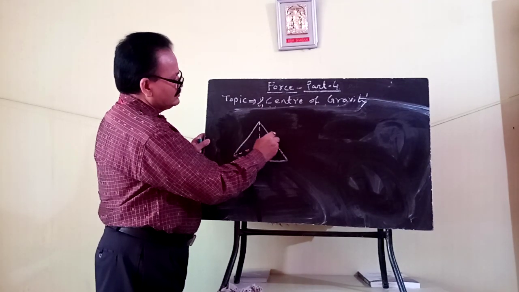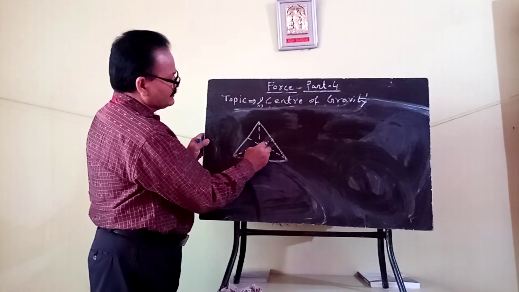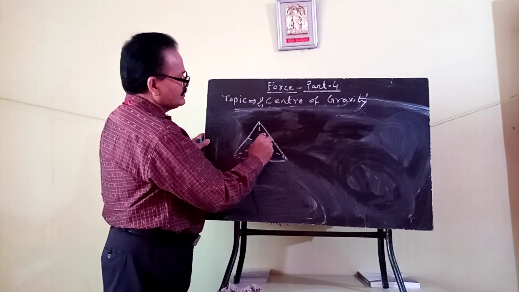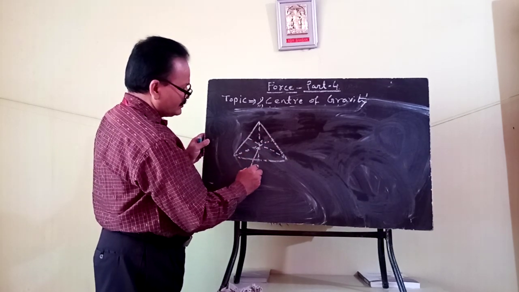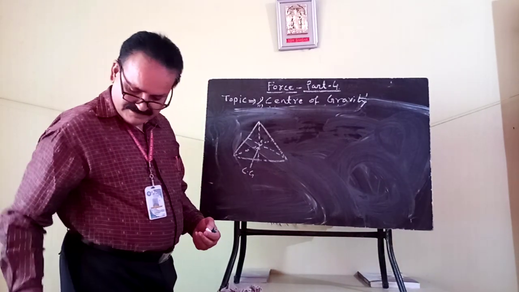So, you see the point of intersection of the medians. This will be the centroid, O. This is the position of your center of gravity. Is it clear?